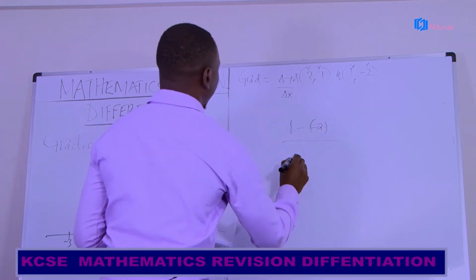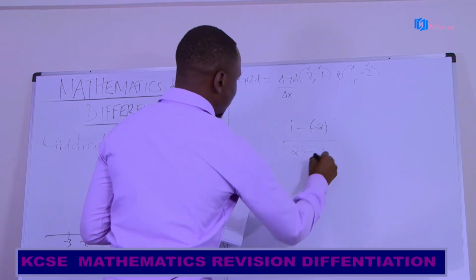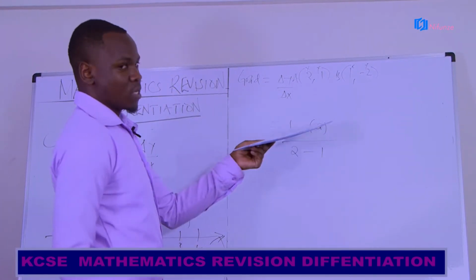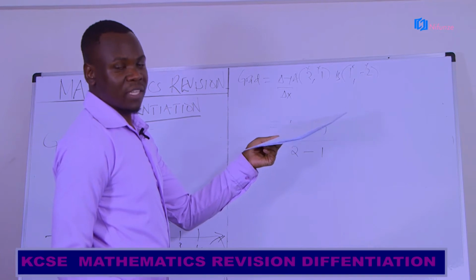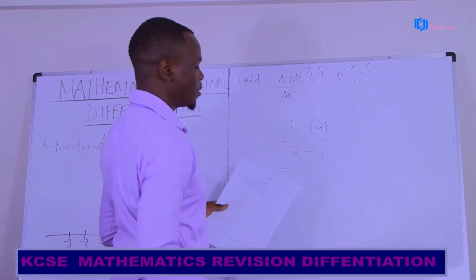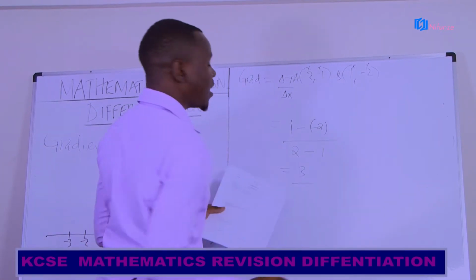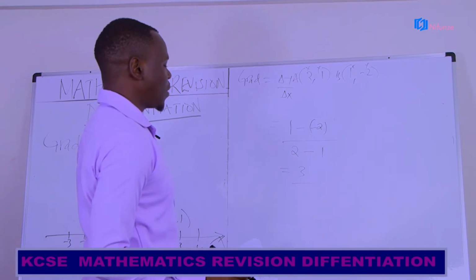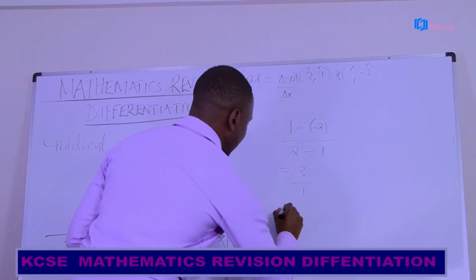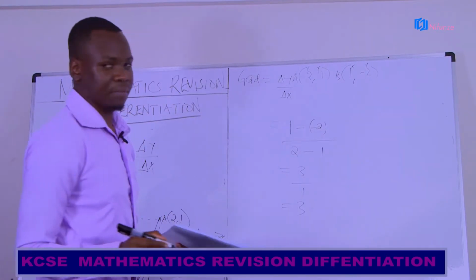We start from A because that's what we did for the change in y. That's 2 minus 1. When two negatives follow each other, they become a positive. So this is like 1 plus 2. 1 plus 2 is 3. And then we have 2 minus 1, which is 1. So the gradient of the line AB is 3.